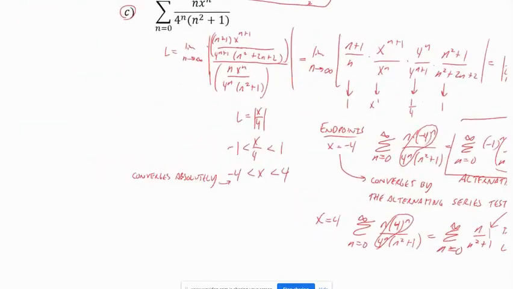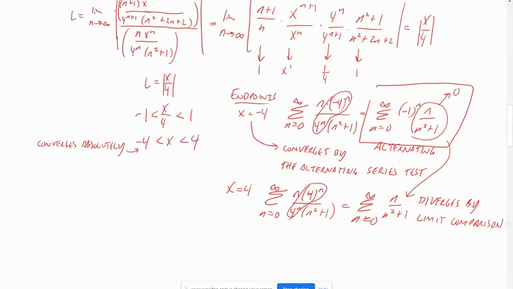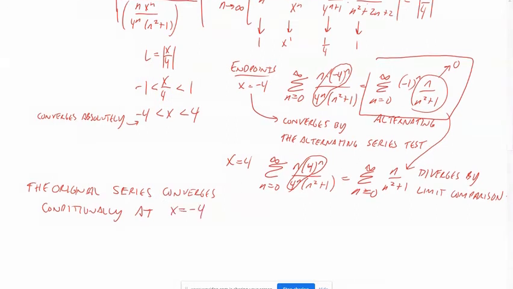So we can say the original series converges conditionally at x equals -4.